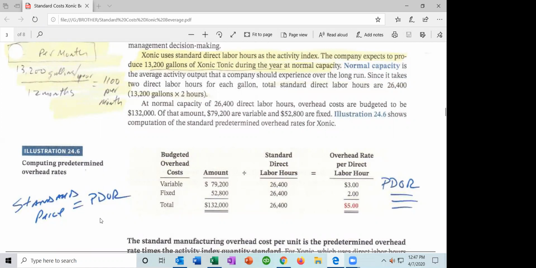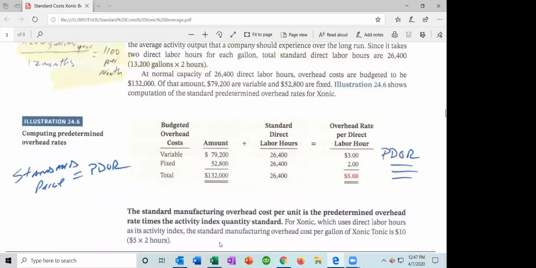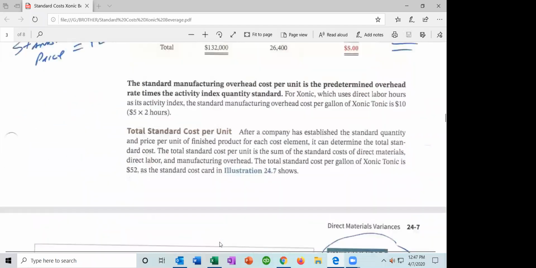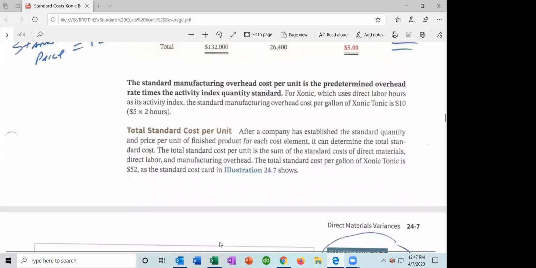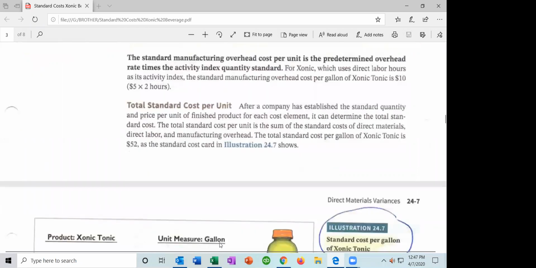What's important to remember, when it comes to manufacturing overhead, the standard price is the predetermined overhead rate. So those are the standards. Direct materials, quantity and price, direct labor, quantity and price, and then manufacturing overhead.